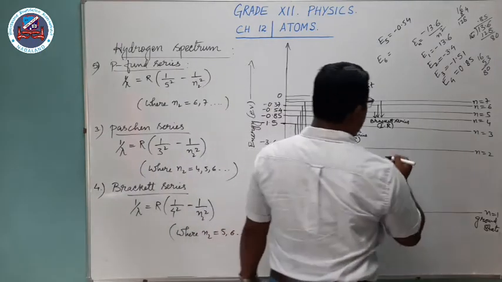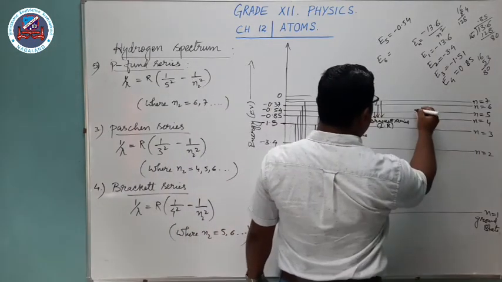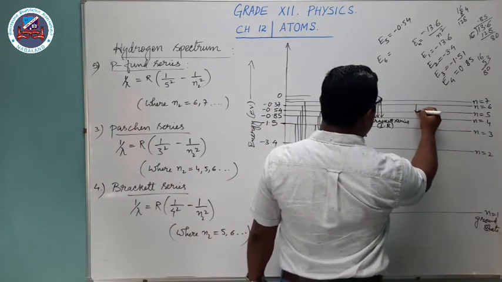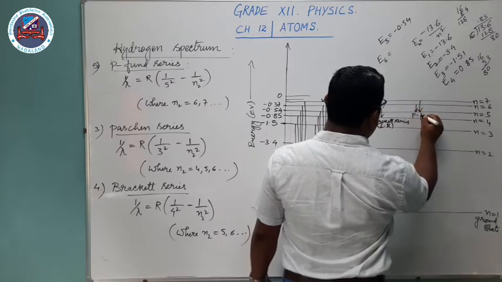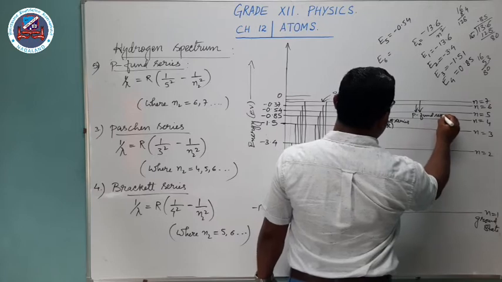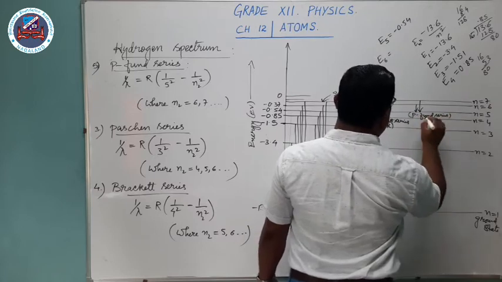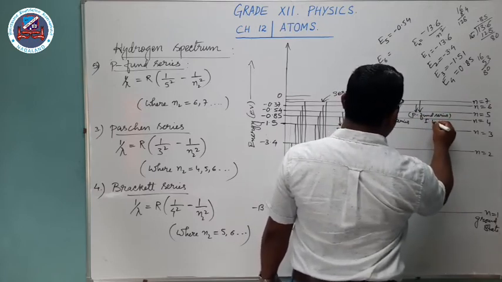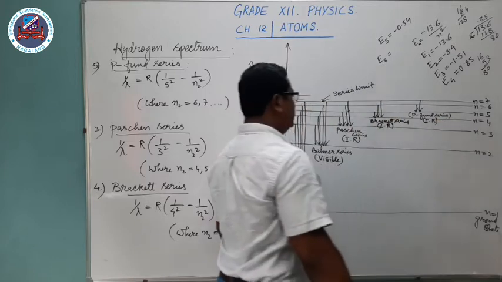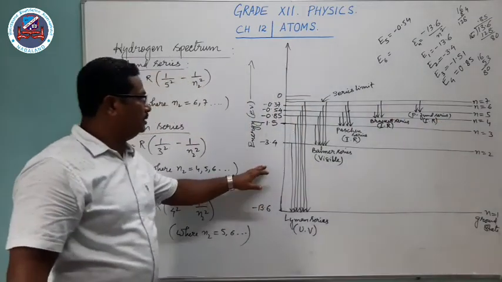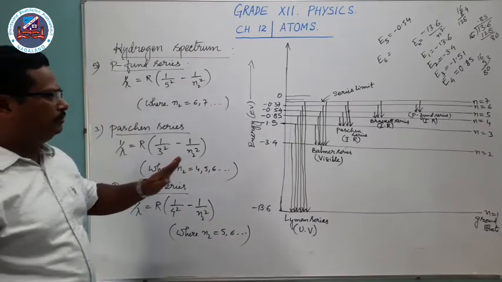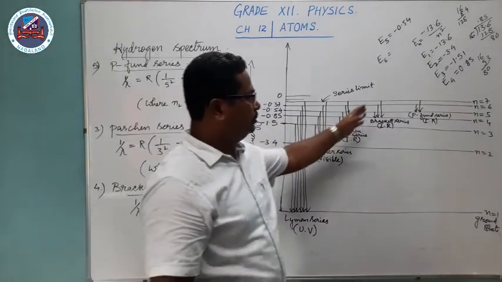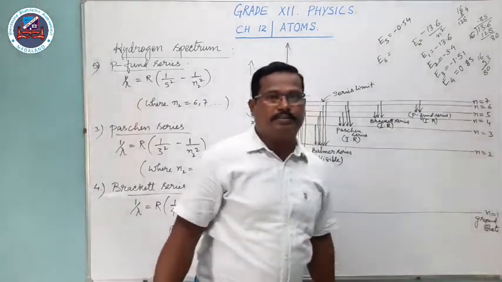So it should jump to n equal to 5, and you will get your Pfund series. These are the 5 series of the hydrogen atom observed till now. So this is your hydrogen spectrum. 5 line spectra are observed in the hydrogen spectrum.